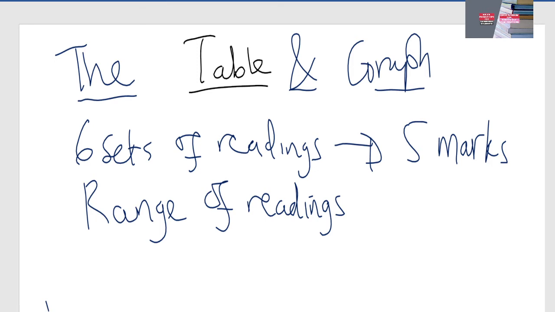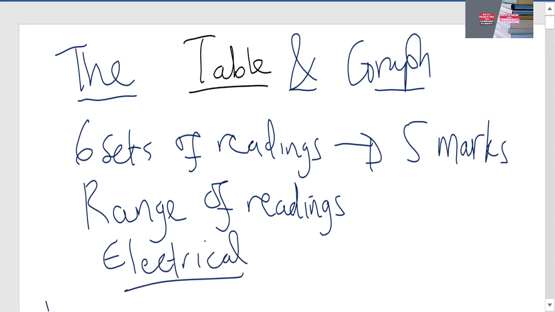Also, if it's an electrical circuit and you're given 3 resistors, make sure that you have the combination that gives, so this one I think I need to write it down. Suppose it's an electrical circuit. Suppose you've got 3 resistors.